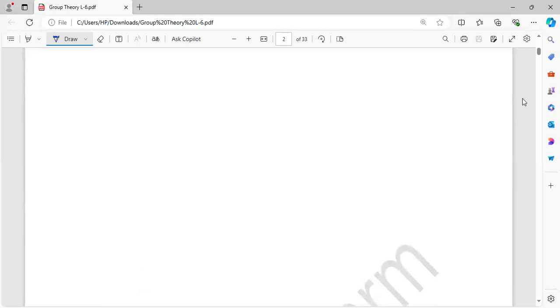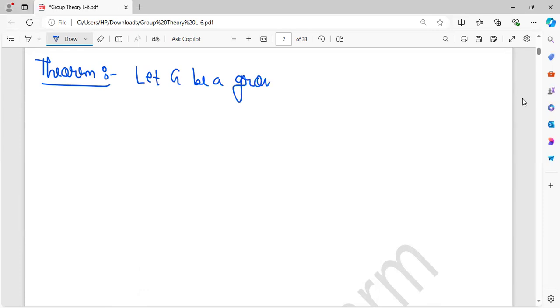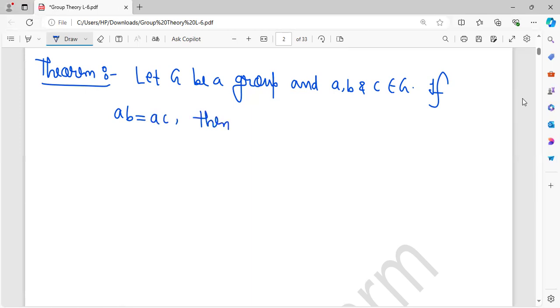So, I'm writing a statement. Let G be a group and a, b, and c belong to G. If ab is equal to ac, then b is equal to c.